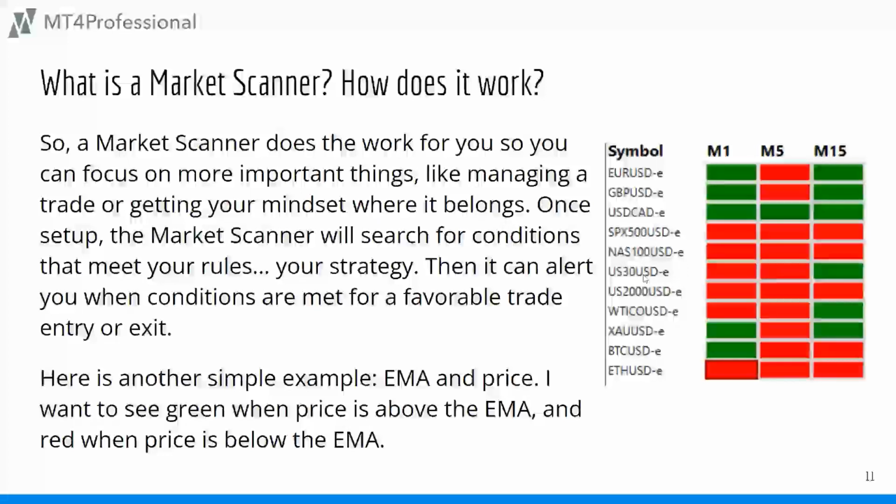So if a market scanner is doing what it's supposed to be doing, i.e., it's looking for a trade setup based upon your own rules and strategies, then it does all the work. And you can focus on the more important things like managing your trade or getting your mindset where it belongs.